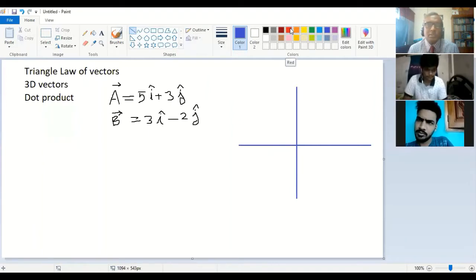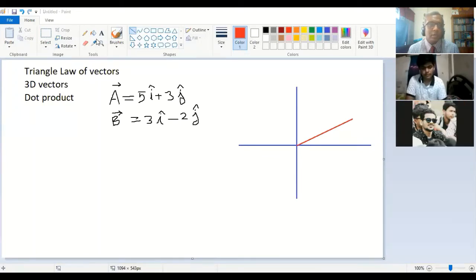Let me draw the A vector with another line from 0, 0, and it will be like this. It is going 5 units right and 3 units up. Okay, it will be like this.